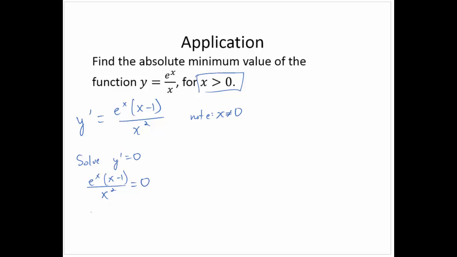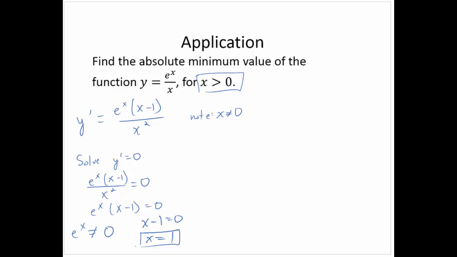Well, that can only equal 0 if the numerator is equal to 0: e^x (x minus 1). Now, e^x can never equal 0. Remember, it's asymptotic, but never equal to 0. And x minus 1 can equal 0 if x equals 1. So we have a critical value at x equals 1.